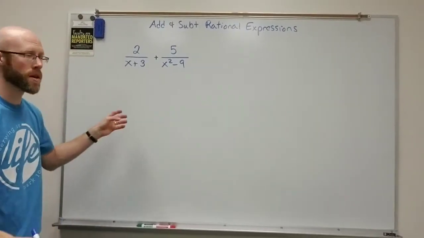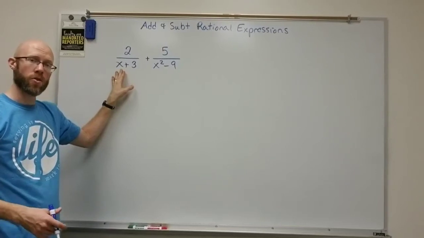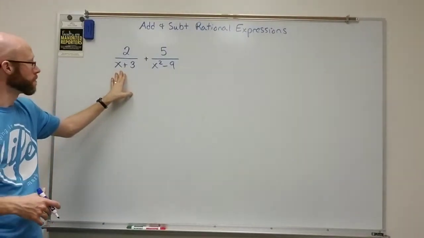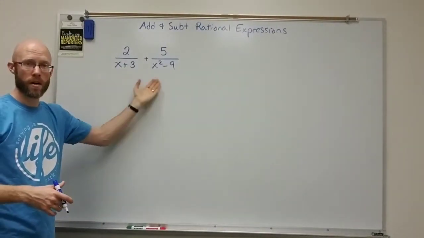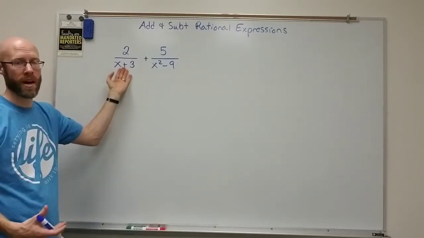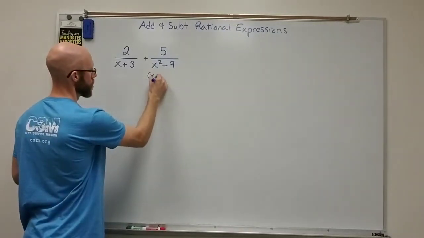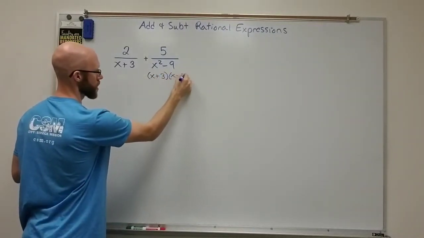Okay, so in this example, my denominators are not the same. And so I'm going to factor them, okay? Here I've got x plus 3. That one doesn't actually factor. X squared minus 9 does. It's a difference of squares. So I can use x plus 3 times x minus 3.